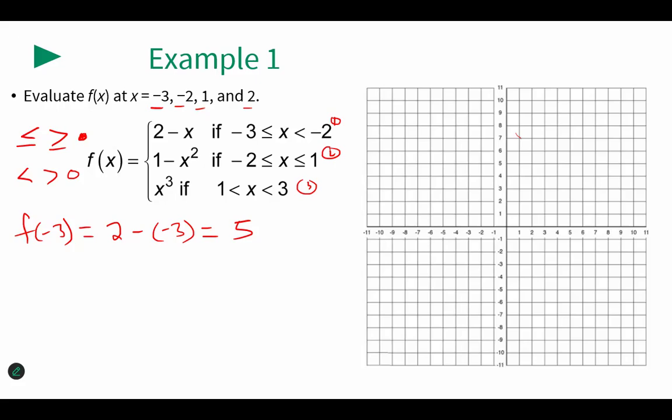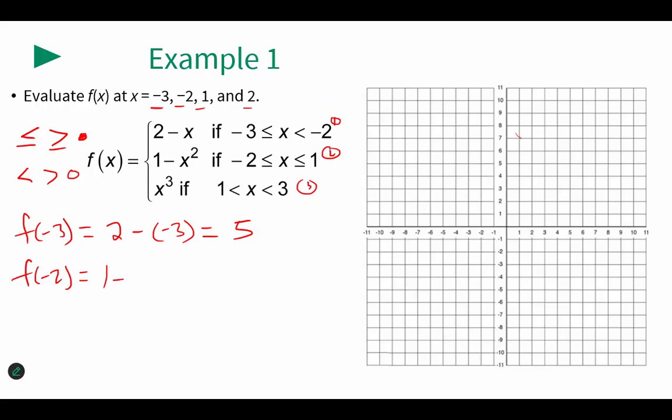Still good? Okay. Next, we're going to evaluate f of negative 2. Which interval is negative 2 defined on? Interval 2, because it has the less than or equal to, right? That's where it's less than or equal to. So I'm taking the value of negative 2 and inputting it into 1 minus x squared.